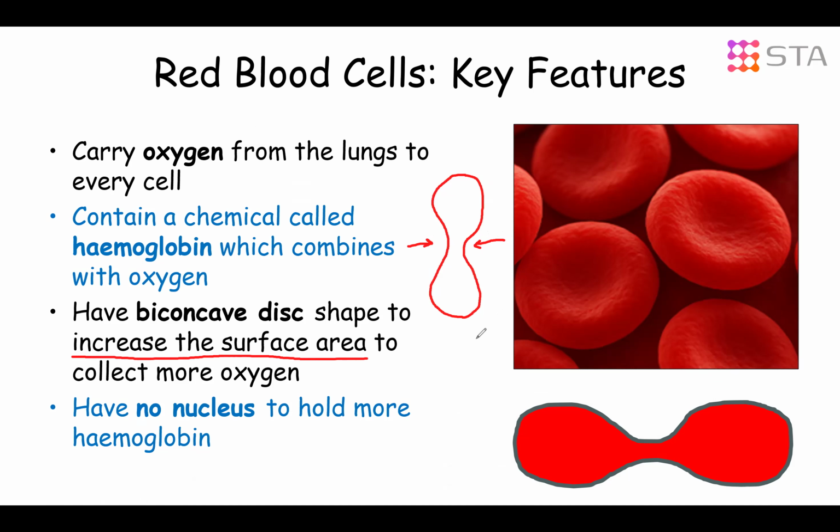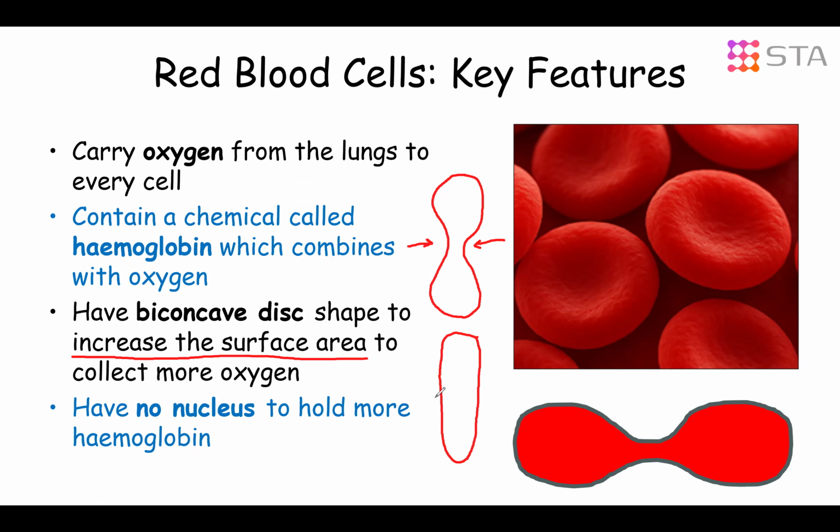What does that mean? Let's compare these two cells. Okay, now in biology, we say because this one is compressed in the middle, or squeezes in, it's actually got more surface area. It's actually got more cell membrane through which the oxygen can go through.